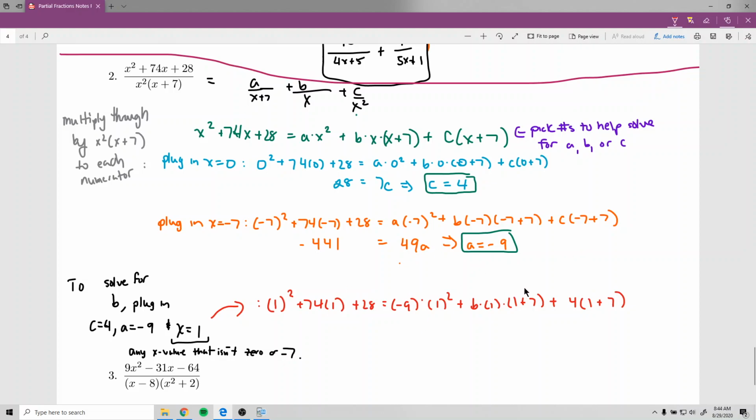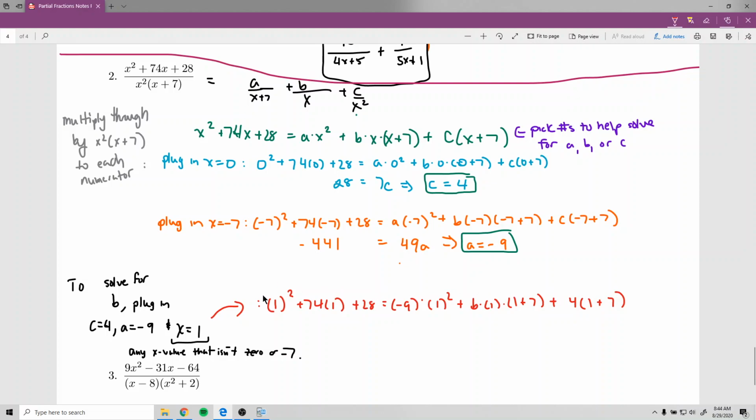Now I just want to mention, I'm not going to write it down for the sake of space, and it doesn't really need to be written down, but if I didn't plug in what A and C are, this would be A times 1 and C times 8. So you'd have A, B, and C still left in your equation.